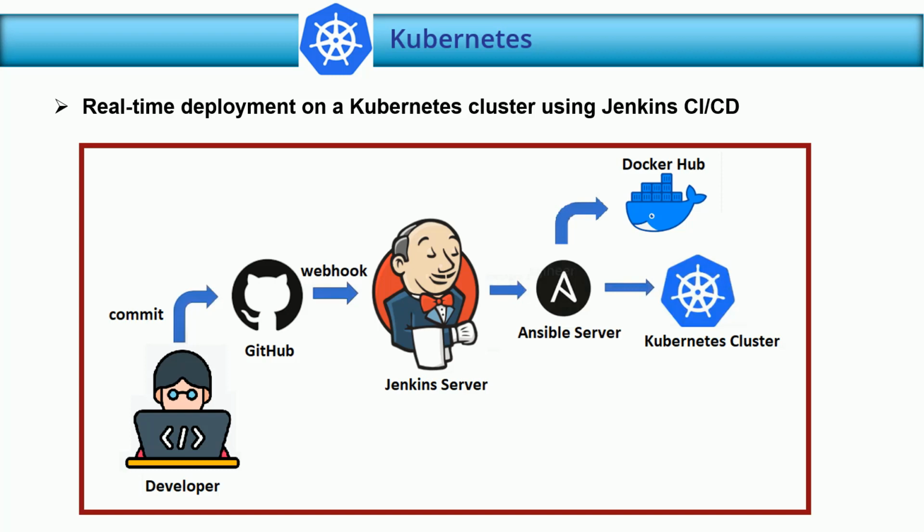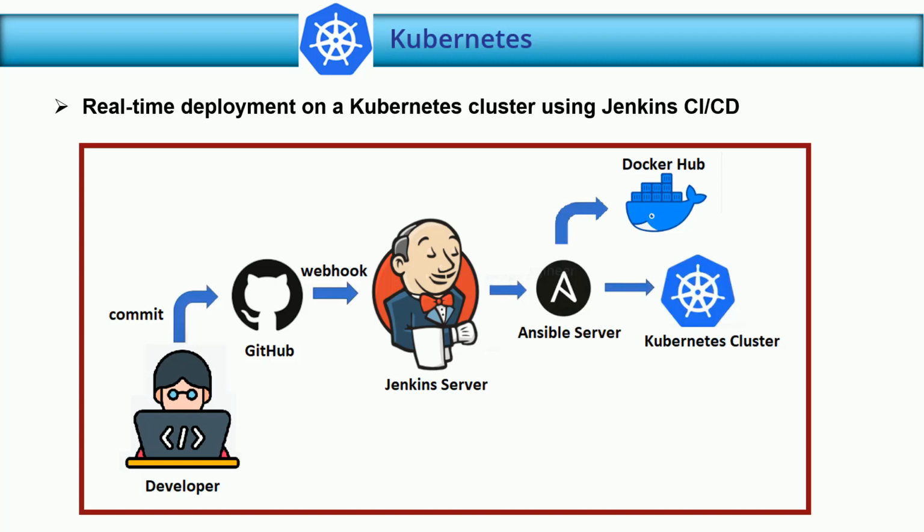So with the help of the Ansible playbook, I'm going to execute my deployment file and the service file. So your Docker image that is present on Docker Hub is going to be executed on the Kubernetes cluster as a Docker container. And after that, you can access your application from the outside.